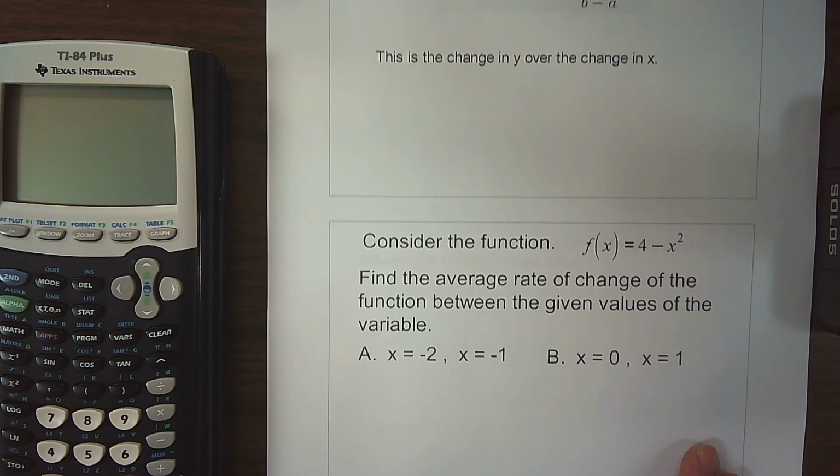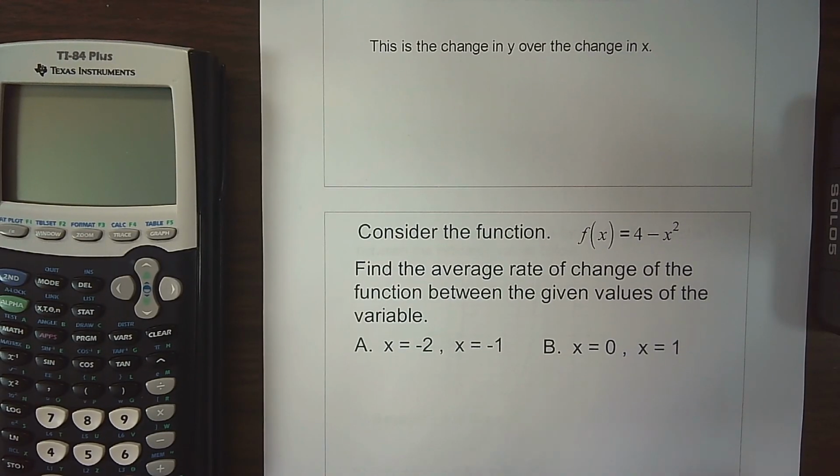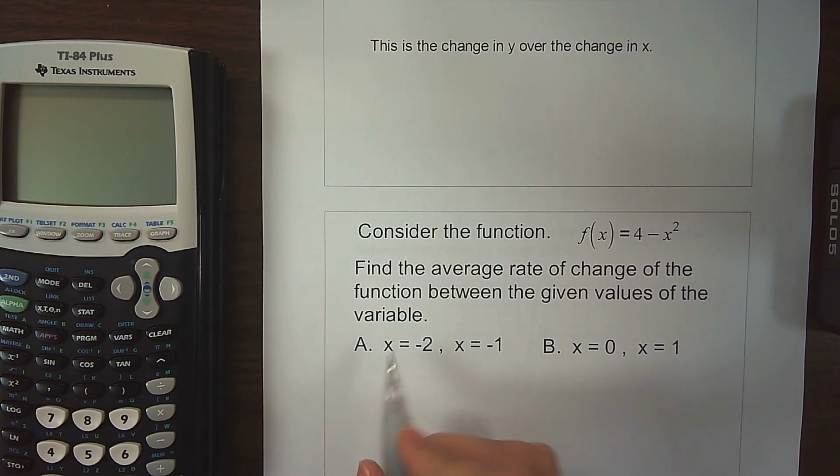I want us to consider a function that is not linear, f of x equals 4 minus x squared, and find the average rate of change of the function between the given values for x. So here our x is -2 and our x is -1. In order to calculate the average rate of change, we need to know what the outputs, or the y values, are.